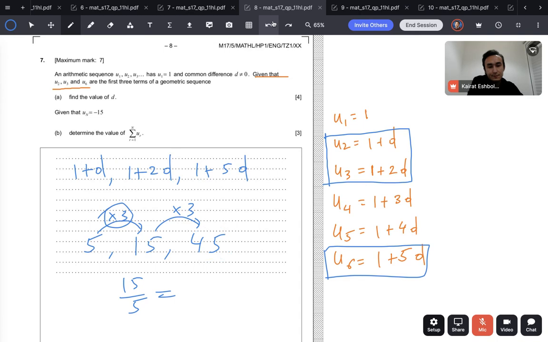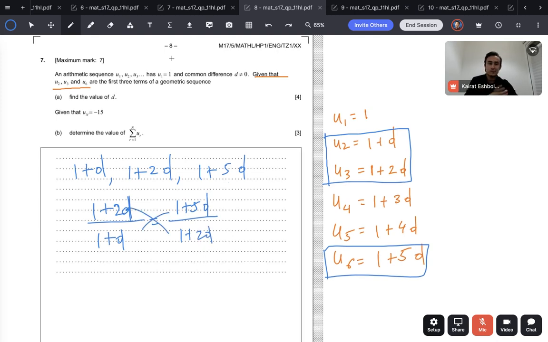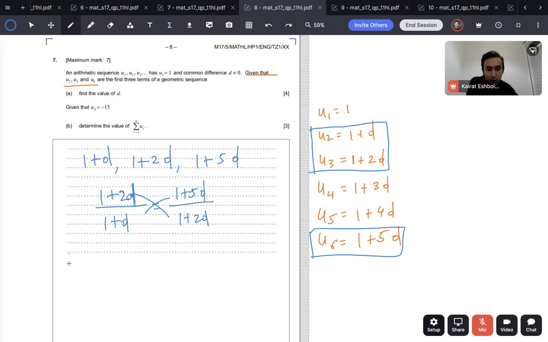Let's do it. So simply, it's going to be 1 plus 2d over 1 plus d is equal to 1 plus 5d over 1 plus 2d. Next, we're going to cross multiply. Okay, cross multiply. So 1 plus 2d times 1 plus 2d is equal to 1 plus d, 1 plus 5d.